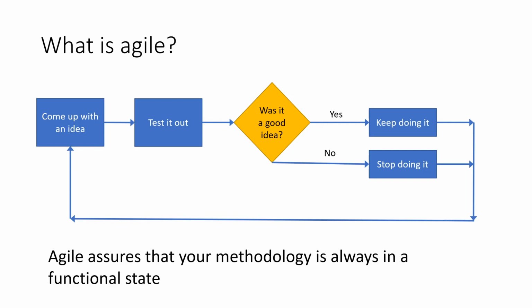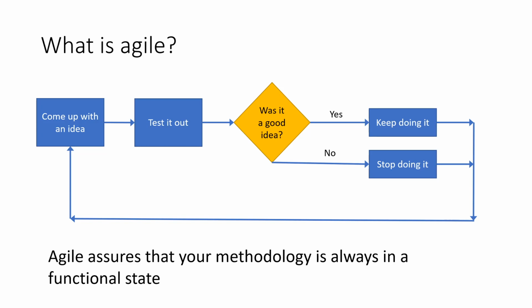So to relate back to the database analogy, where we use database transactions to keep your database in a functional state, Agile assures that your methodology is always in a functional state. So we start and we're in a functional state that everybody knows about.